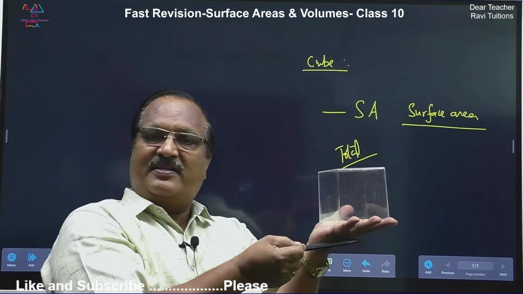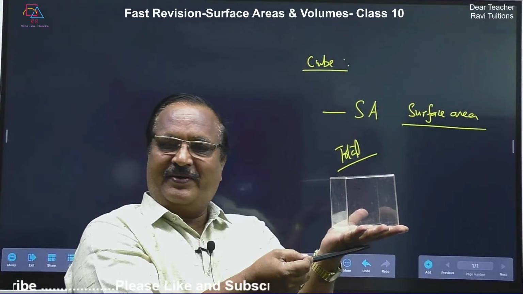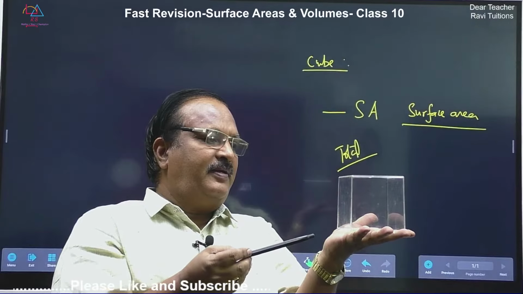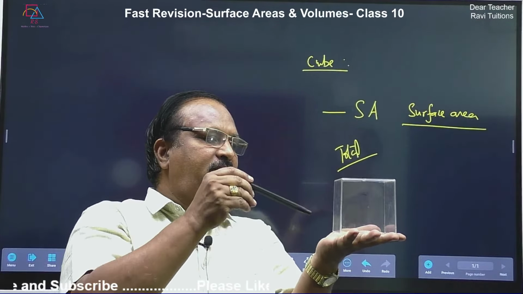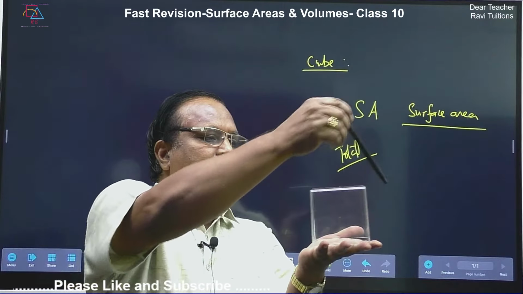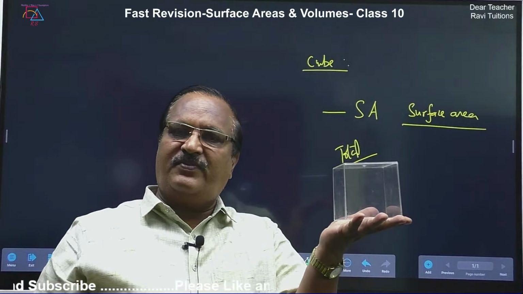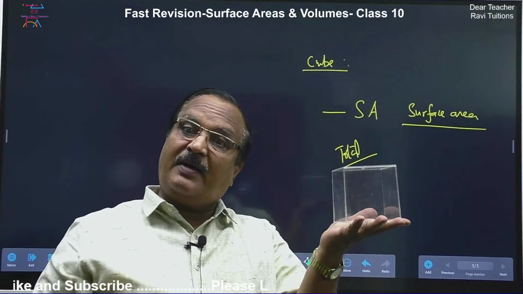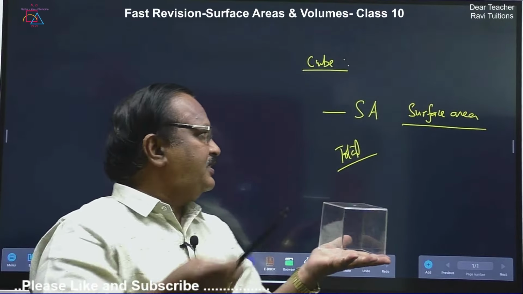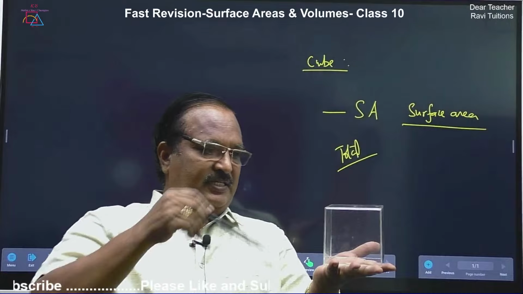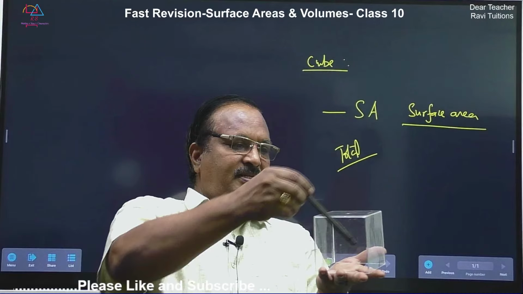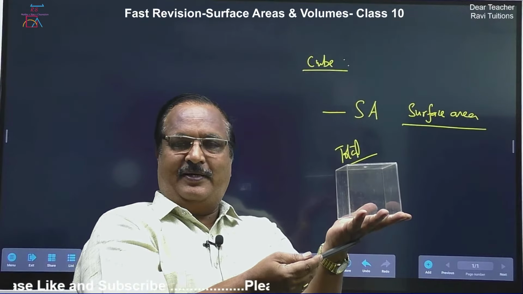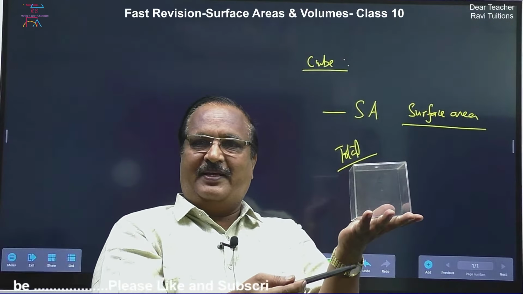Take this cube: how many surfaces will be there? 1, 2, 3, 4. 4 surfaces are there. So the area of these 4 surfaces comes under lateral surface area. If it is total surface area, these 4 lateral surfaces plus the top area and the base area. Total 6 surfaces will be there.